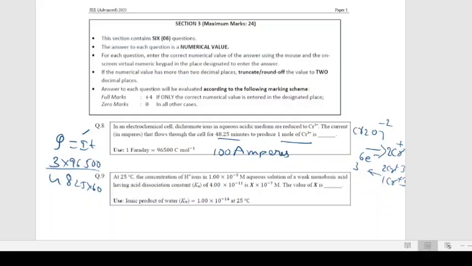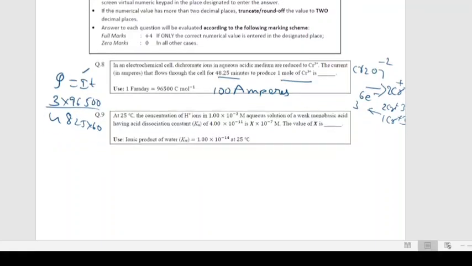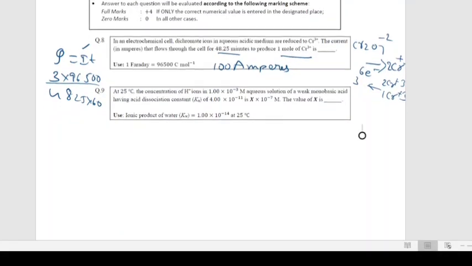At 25 degrees centigrade, they have given the concentration of H+ ion in the aqueous solution of a weak monobasic acid with the dissociation constant Ka, and they also mentioned that it is x into 10 to the power of minus 7 molar concentration, and they are asking us to calculate the value of x.